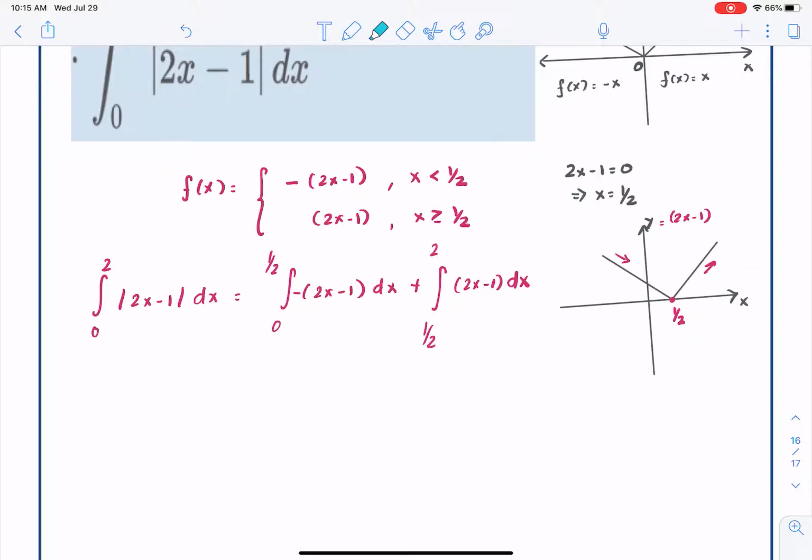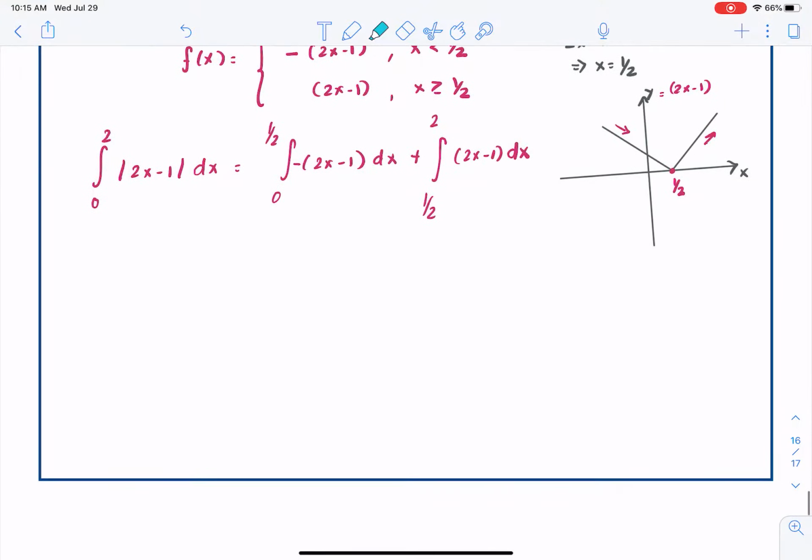So we just have to find the antiderivative of 2x minus 1, and then we could plug in the appropriate numbers.